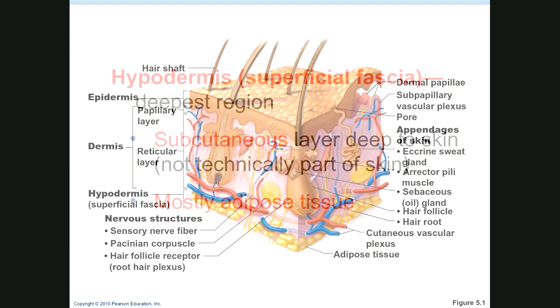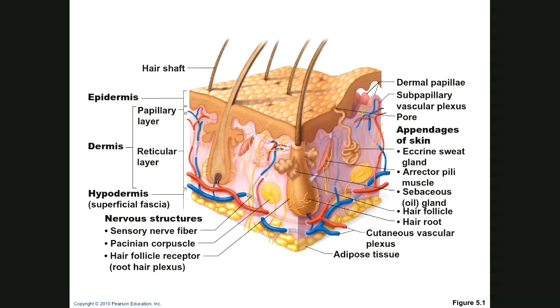So if you look at a picture of the skin right here, you can see that the top layer of the skin is the epidermis, and the epidermis consists of epithelial tissue, more specifically keratinized, stratified squamous epithelial tissue. And notice that this is a very thin layer, actually, compared to the dermal layer, which is the connective tissue layer.